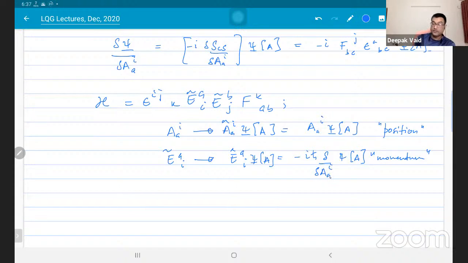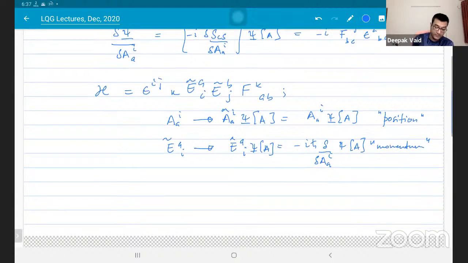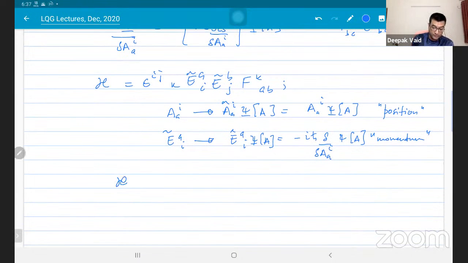This is just a naive thing that one can do, and then your Hamiltonian, you can write down an operator version, which looks like this: epsilon ijk, then Fk ab, and then minus h bar squared del ai del a bj.